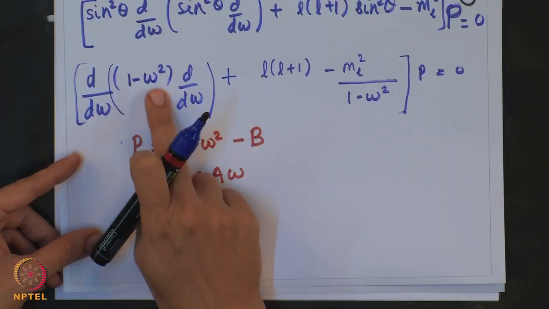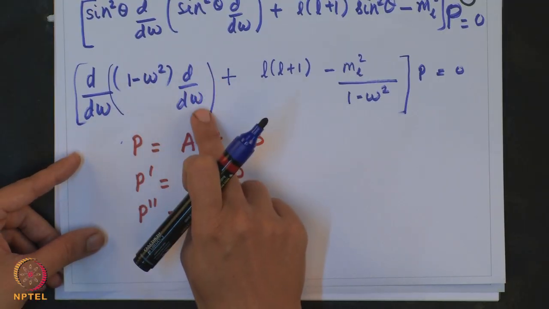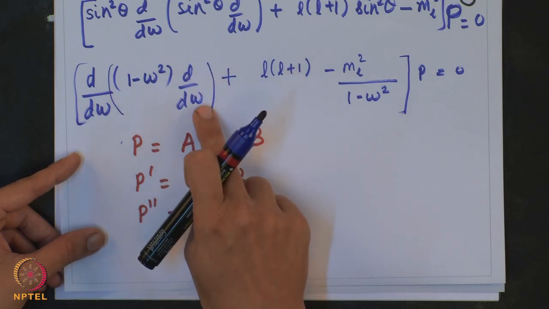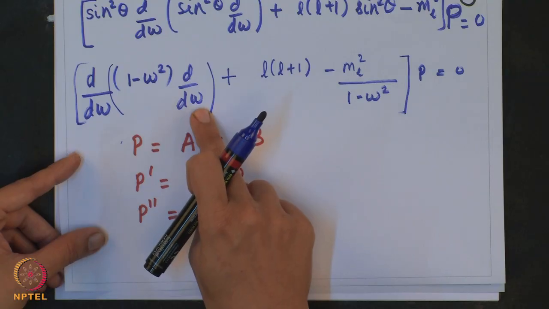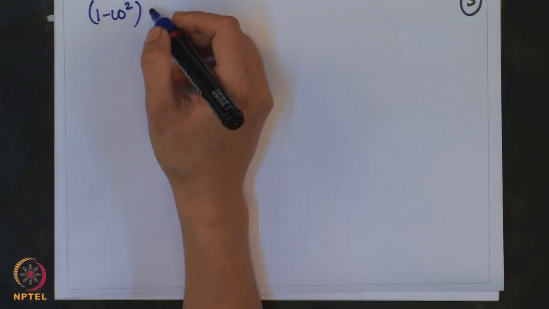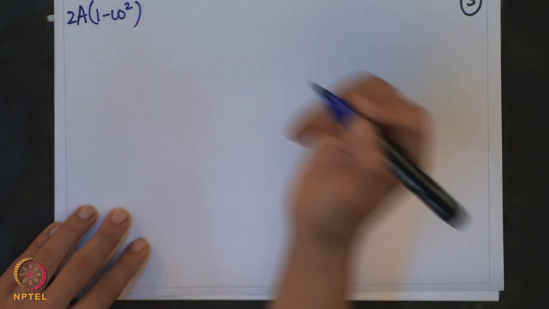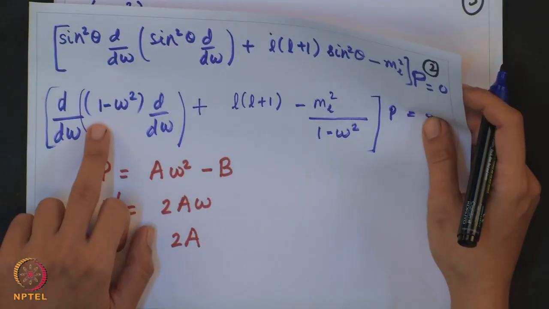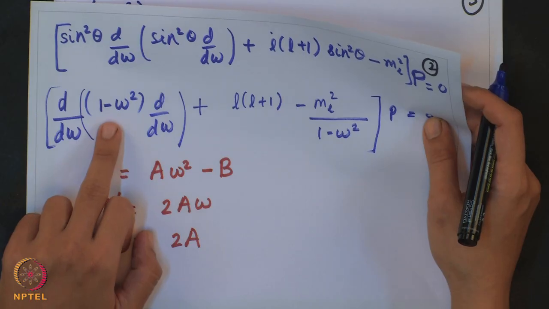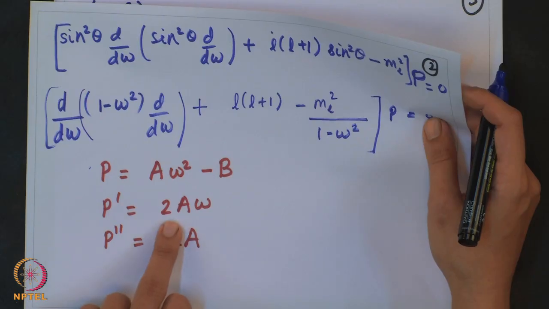Again, when I do the differentiation, I will have the 1 minus omega square term times d square p upon d omega square, which is nothing but 2a. So let me write here 1 minus omega square times 2a, correct, minus, again, when I differentiate this with respect to omega, I get minus 2 omega and times 2a omega.